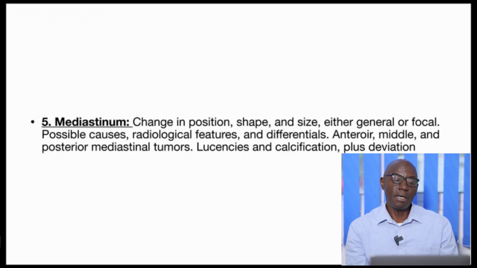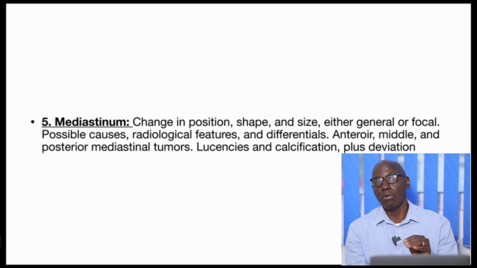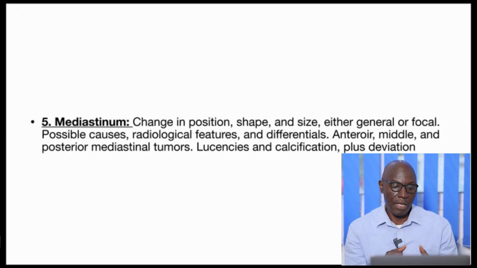Now, the mediastinum here, the important thing we want to look out for is any change in position. Again, like I said, when you're going to study the mediastinum, it is very, very important that the quality of the radiograph is ample. We need a fully inspired radiograph, we need a PA, and we need someone not rotated.